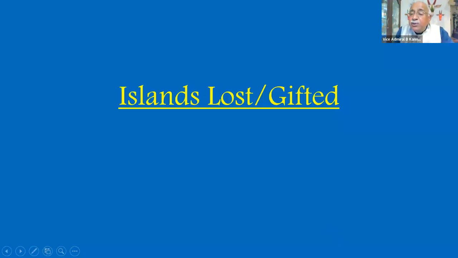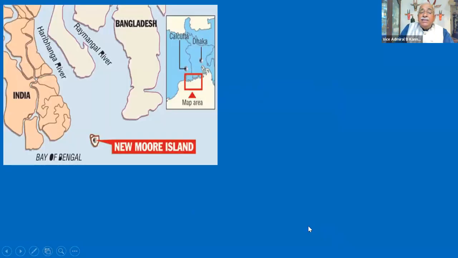But we also have some islands which we have lost or we gifted. First example, there's an island called New Moor Island. Hari may remember, in the 1970s, after the Bangladesh war, suddenly a controversy erupted that there's an island called New Moor Island off the coast of West Bengal, and Bangladesh claimed it is their island, and they planted a flag.